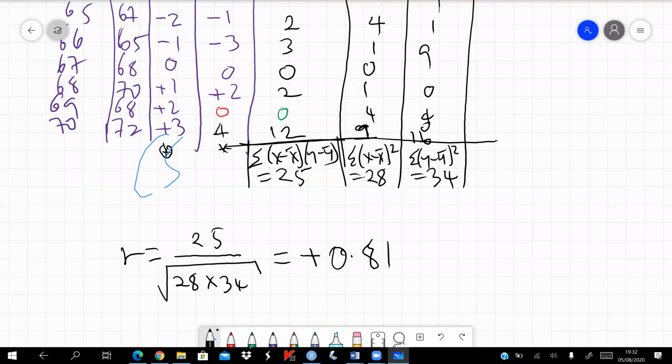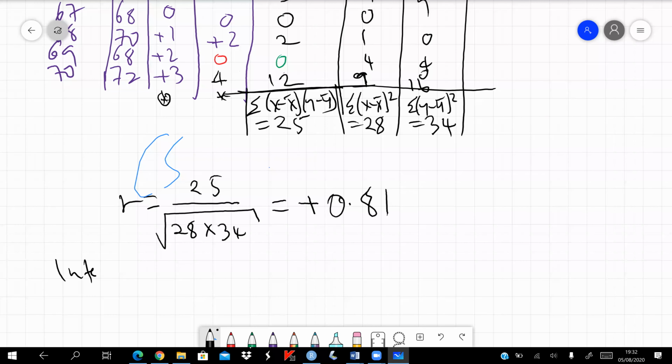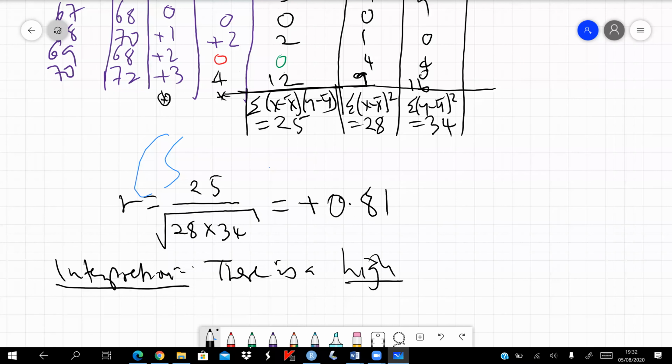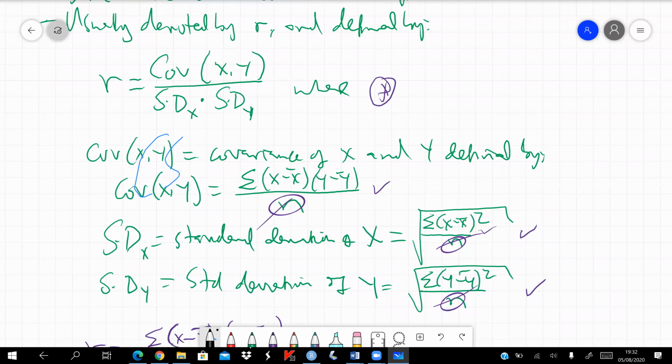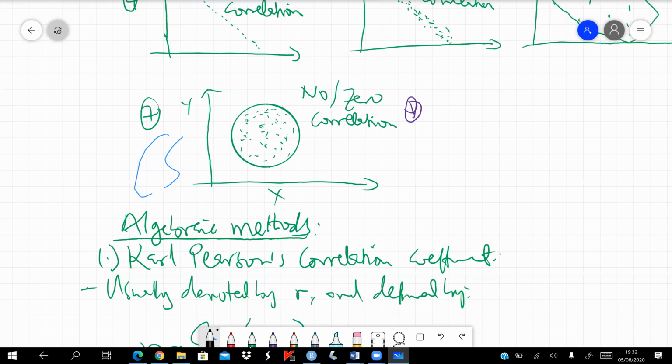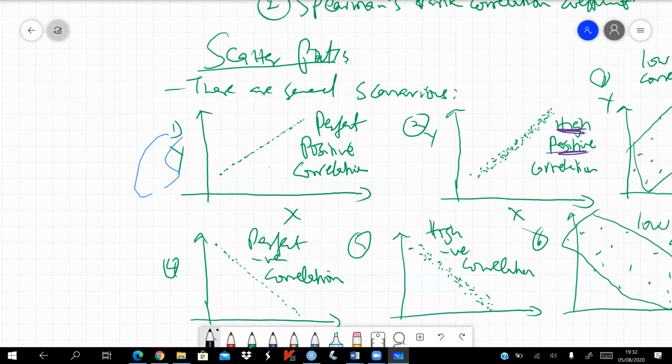So here, the interpretation: there is a high correlation because the number is 0.8. You can use the chart here. Remember we said that any value above 0.7, you can claim it is high.